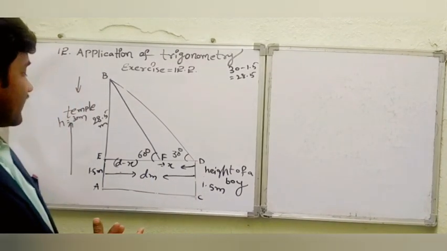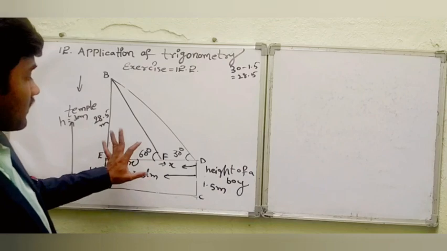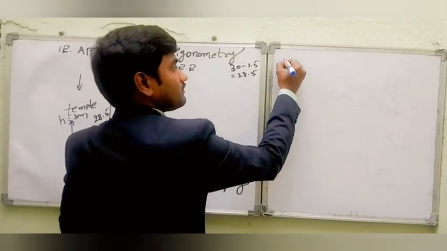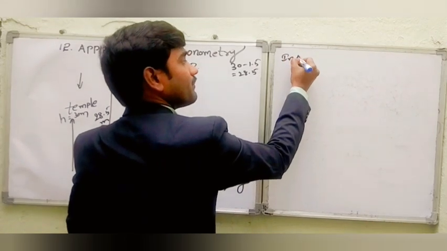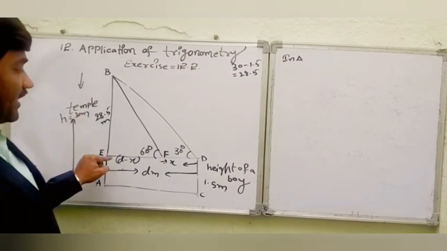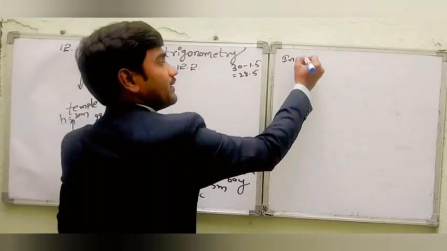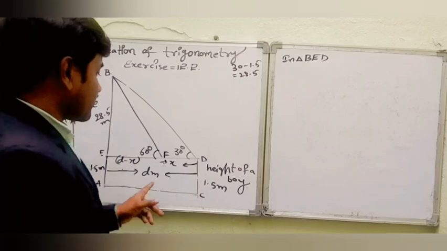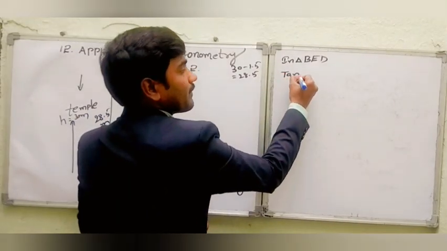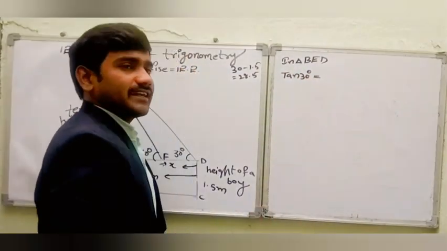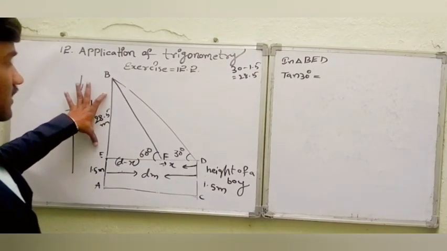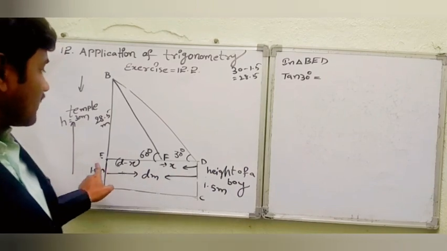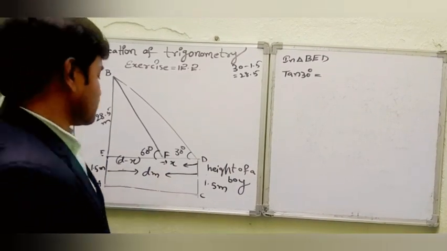So let us see what we can find out and what we need to do. First let us take tan 30 degrees in triangle BED. Tan 30 equal to opposite, that is 28.5 meters BE, by adjacent, complete ED, that is D meters.